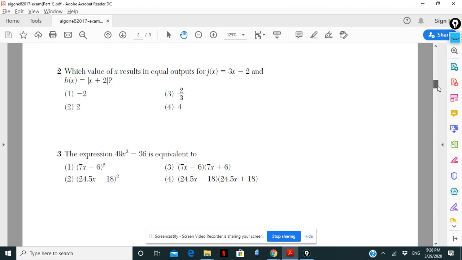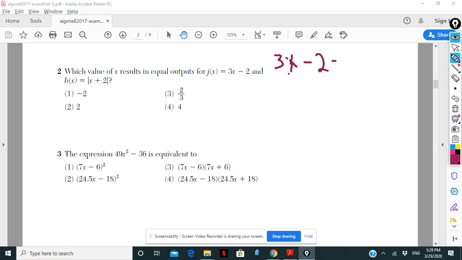Question number 2. Which value of x results in equal outputs for j(x) = 3x − 2 and b(x) = |x + 2|? We understand before that to do this type of question, I have to split. So I have 3x − 2 = |x + 2|.